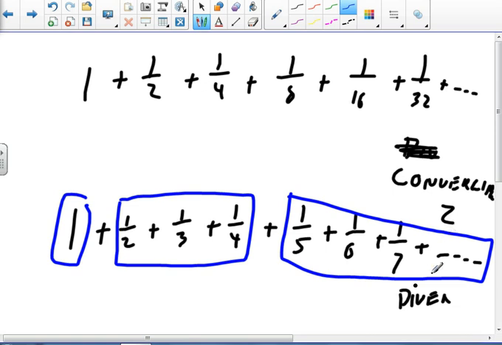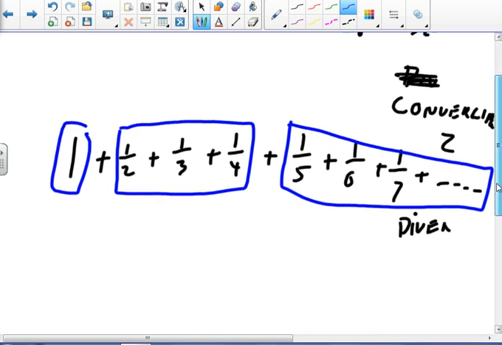The next 7 guys over, the next whatever guys over. So I'm always getting something bigger than 1 when I group these guys up. And even if I'm dividing by 100,000, 1 over 100,000 plus 1 over 100,000 plus and so on, I can find a group of them to be bigger than 1. So I'm not getting smaller. So that guy is diverging.